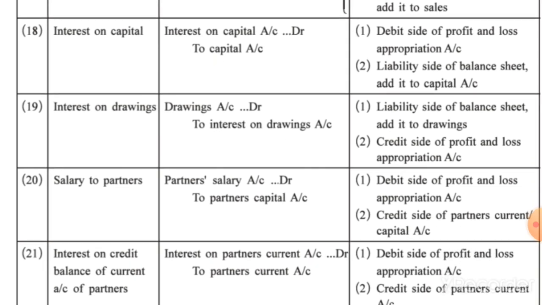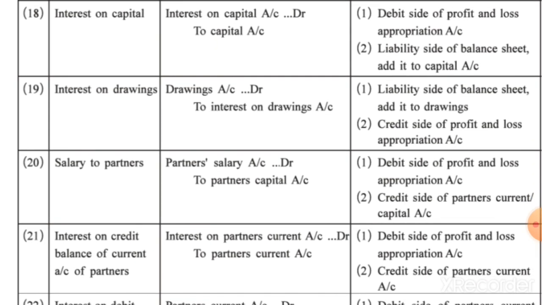Then afterwards, 21st adjustment, that is interest on credit balance of current account of partners. Interest on partners current account debit to partners current account credit.